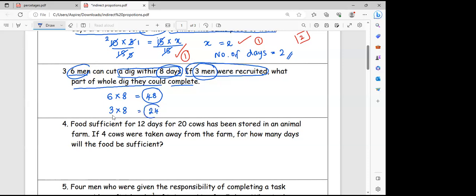Why I multiply 3 times 8? Because to work within 8 days, now they have recruited only 3 men. Therefore, 3 times 8 means this magnitude of the work is 24. That means it is half of the work. No? Then so you can write half of work.